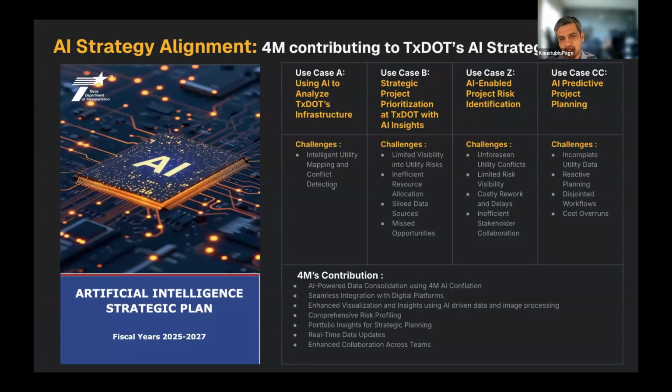As you can see over here, some of the use cases are really about using AI to identify utility mapping and conflicts, and using AI to make sure the utility risks are identified. This is not us creating our marketing content, but actually a DOT putting out the strategic plan, which completely fits into how our product is defined and where we want to go.